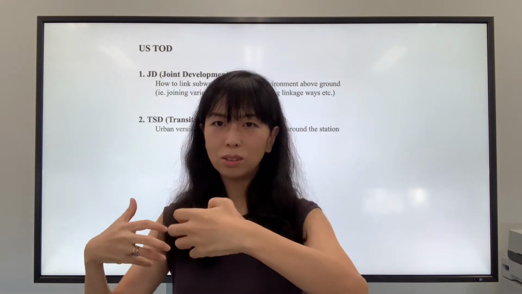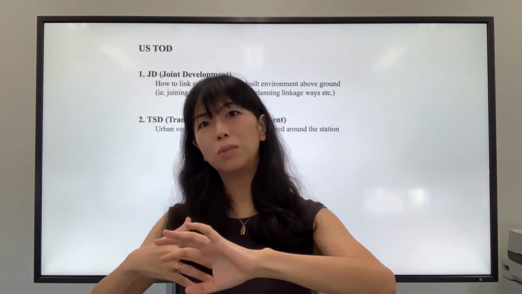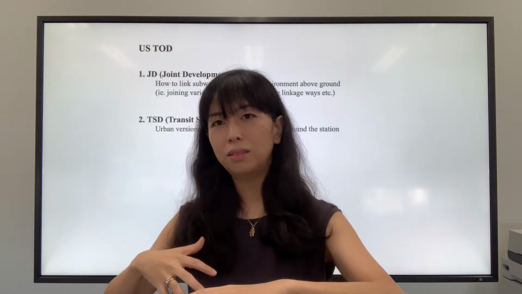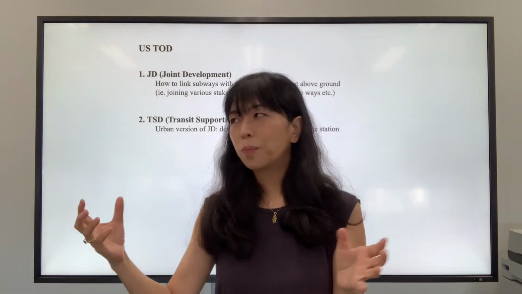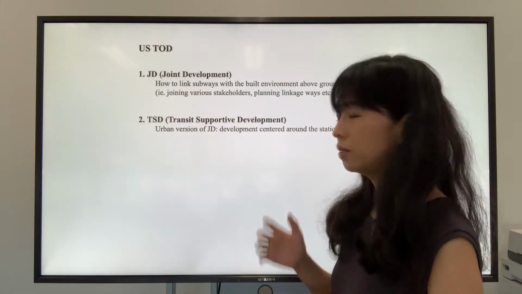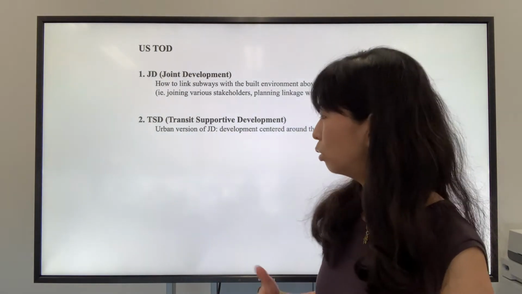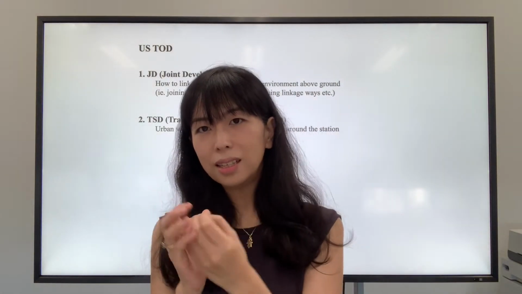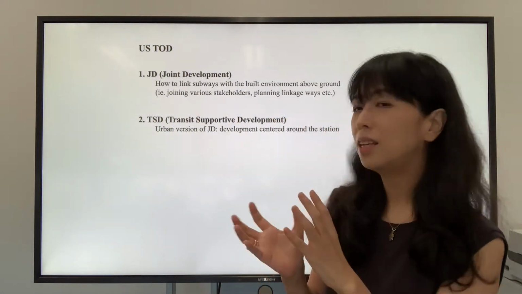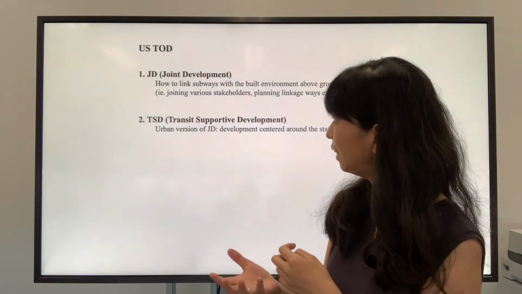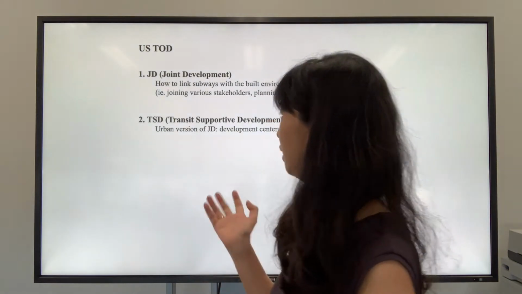So there tended to be no communication between the residential area and the train development. So this transit supportive development is a concept introduced to essentially link the residential area with the station. That was the key idea behind this TSD.